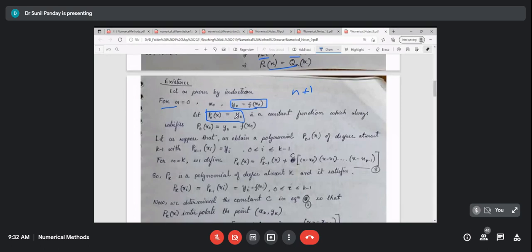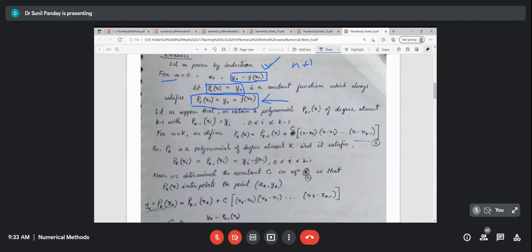So this constant polynomial obviously exists. We can always assume that the polynomial is P(x) equals y0, and it satisfies the interpolating condition y0 equals f of x0. If I substitute x equals x0, I still get y0. So for the induction base, we have P of x0 equals y0. So for n equal to 0, the result is true.